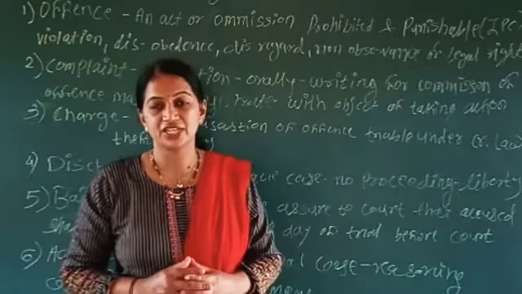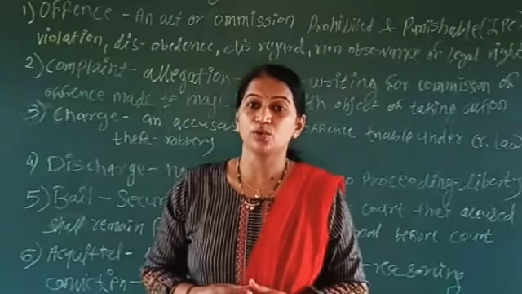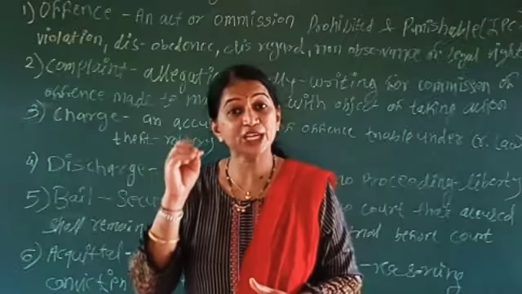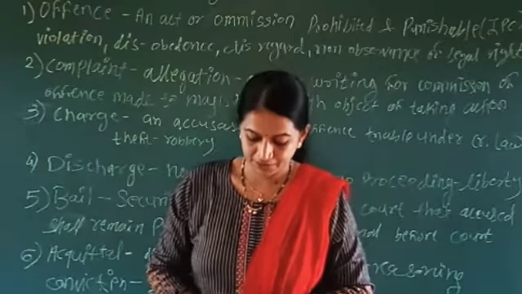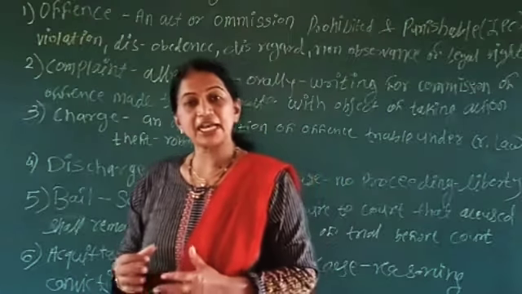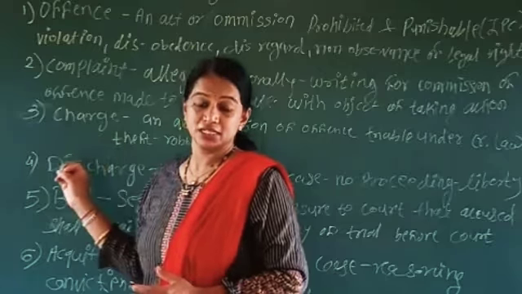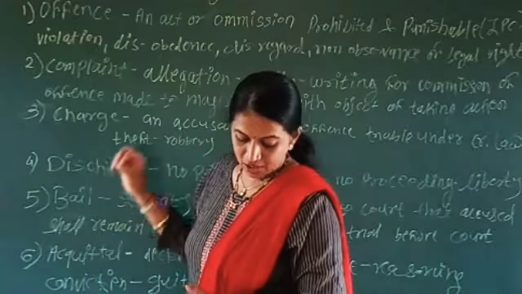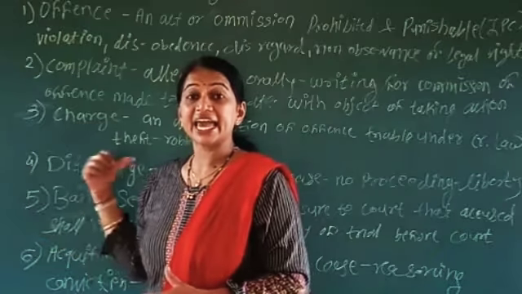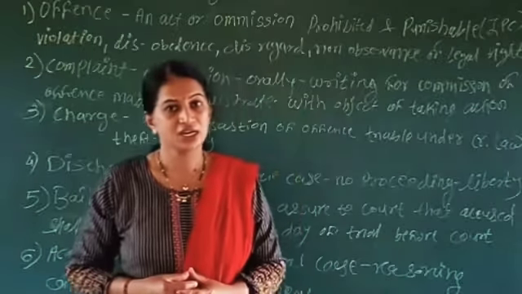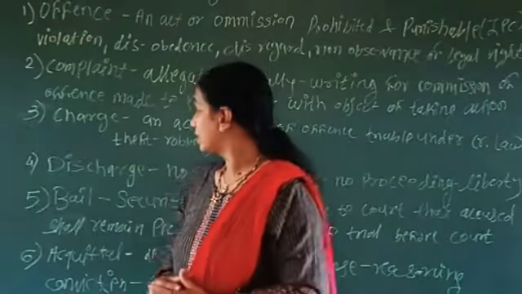Through this charge sheet, the accused comes to know the specific accusation made against him. So the object of a charge is to give precise notice, a clear idea, to the accused person regarding the accusation levied against him. So charge is an accusation.